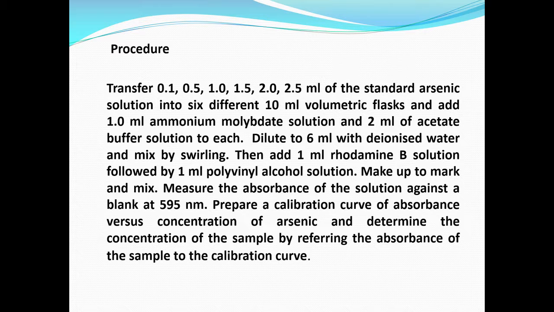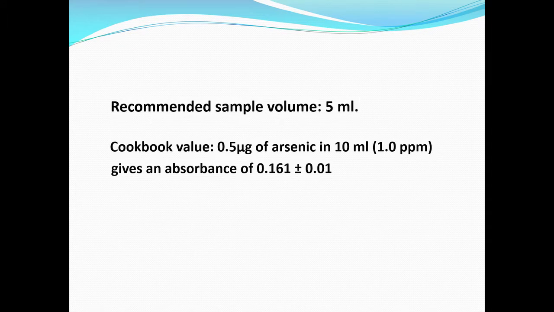You have to prepare a calibration curve, and the recommended sample volume can be up to 5 ml, because we want to determine arsenic concentration at 0.01 ppm. If you take 5 ml, 0.01 into 5 would be 0.05 micrograms of arsenic.